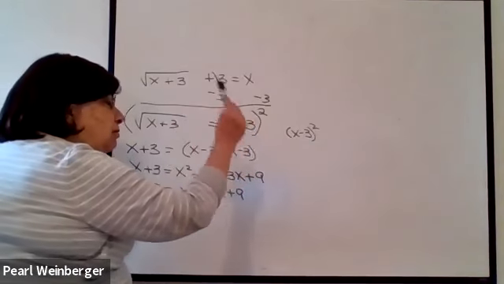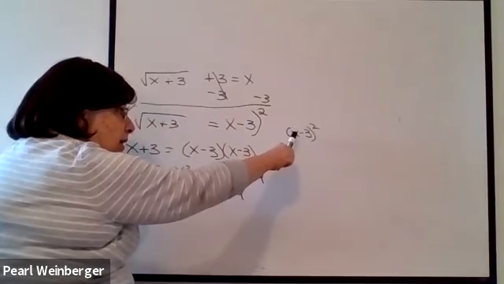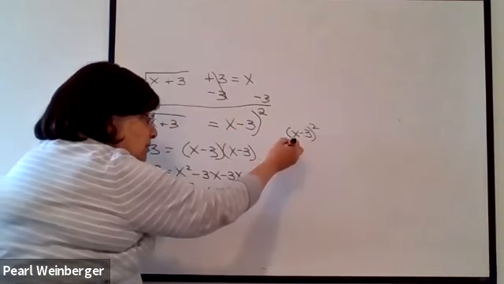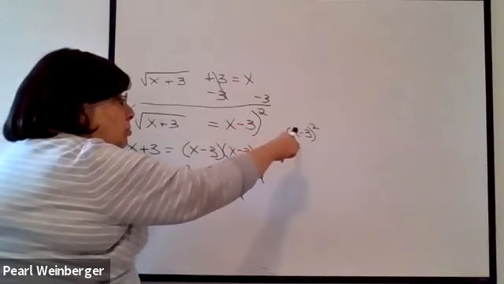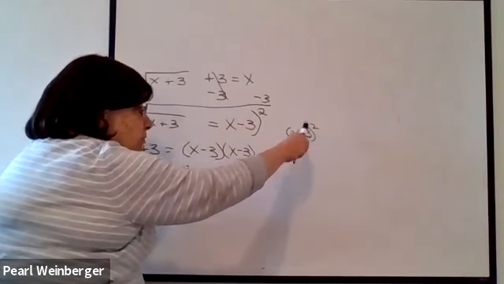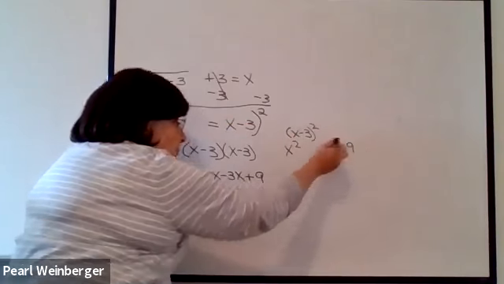Or you could see there is a pattern. When you're squaring a binomial, you take your first term and you square it: x times x is x squared. You also square your last term: negative 3 times negative 3, which is plus 9.